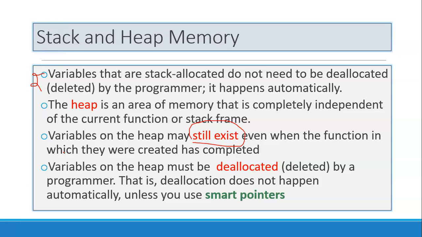But if you allocated some variables in that function on the heap memory, even when the function has finished executing, the heap memory that was allocated will still exist if you forgot to delete it. So that's why it's the responsibility of a programmer to manually delete or deallocate that memory that was created.